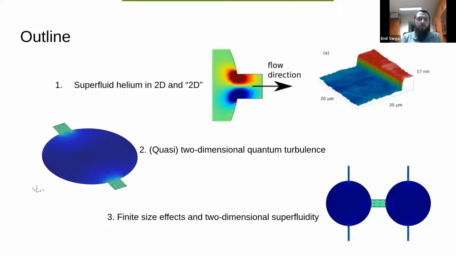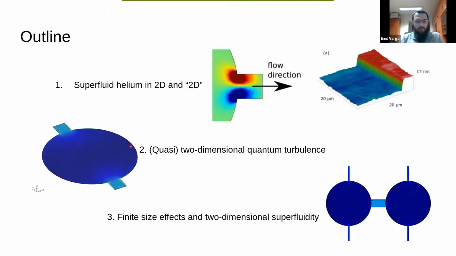First, as an introduction, when we talk about superfluid helium, especially superfluid helium-4, we have to distinguish quite carefully what we mean by two-dimensional flow and actual two-dimensional confinement. As I say here, 2D or 2D, meaning quasi two-dimensional systems.